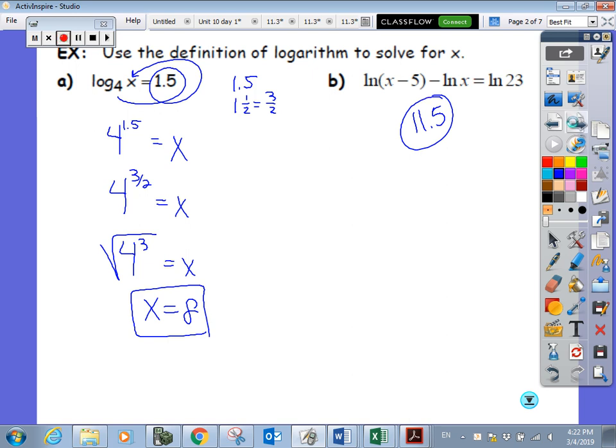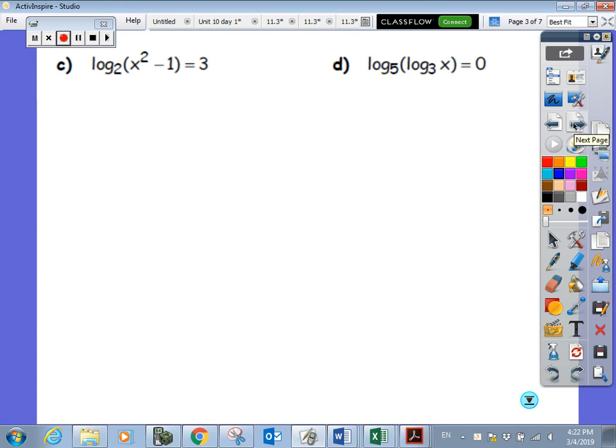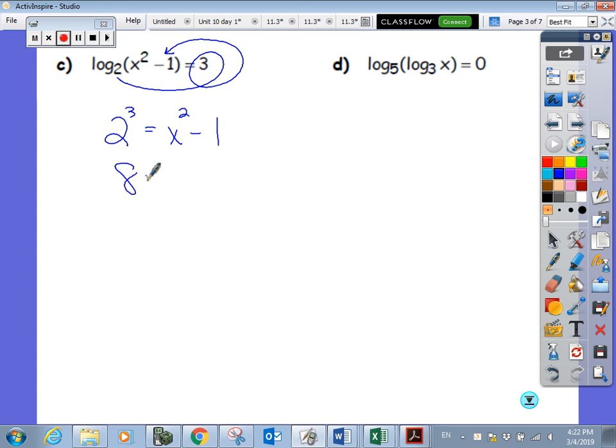All right, these two we can do. So this is just our loop-de, just like that. So 2 cubed equals x squared minus 1. A couple different ways you could do this one. Because there's an x squared term but no x term, I would just solve it using square roots. So x squared equals 9.